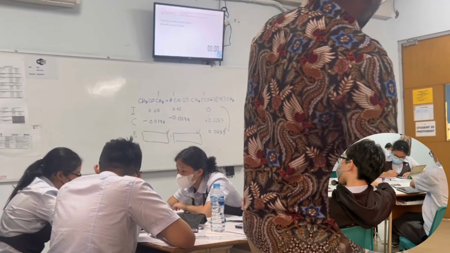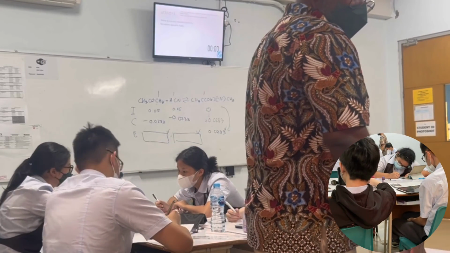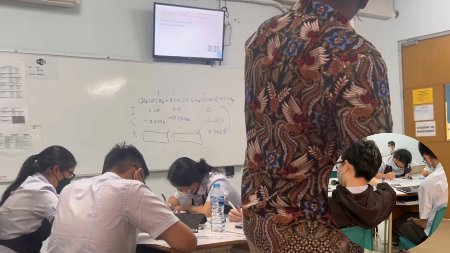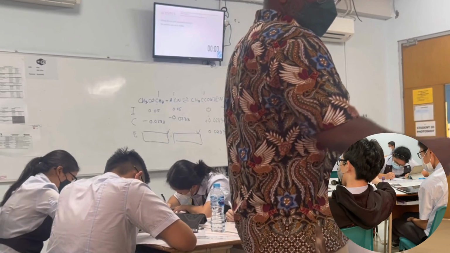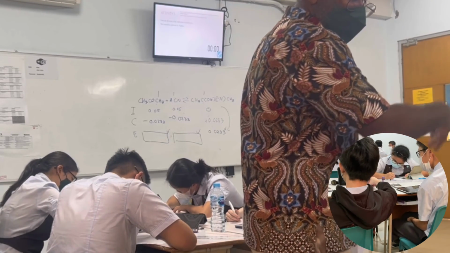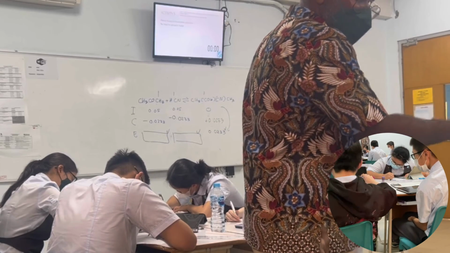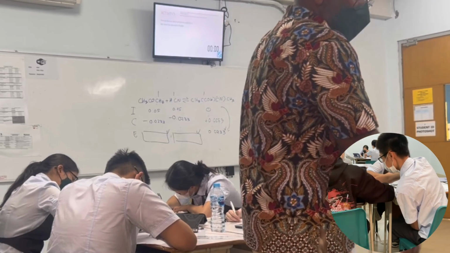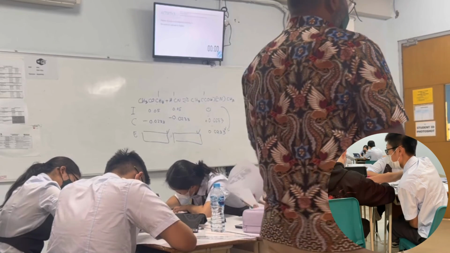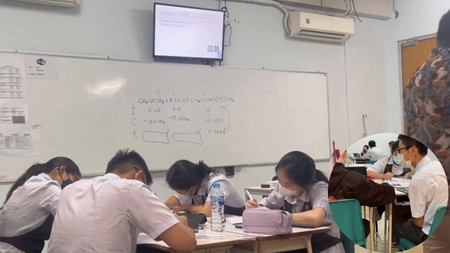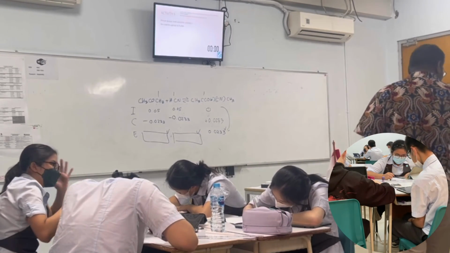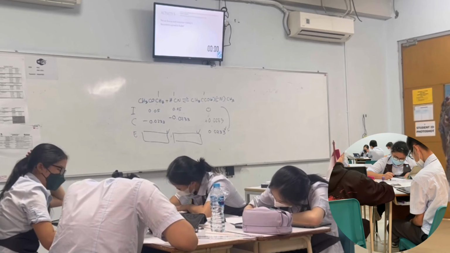So the change is minus over there. Then why initial? Initial is already given. At the beginning, they only have these two reactants. There is no product. Then they react only will give you the product. Do remember, equilibrium is not achieved immediately. They will take time.